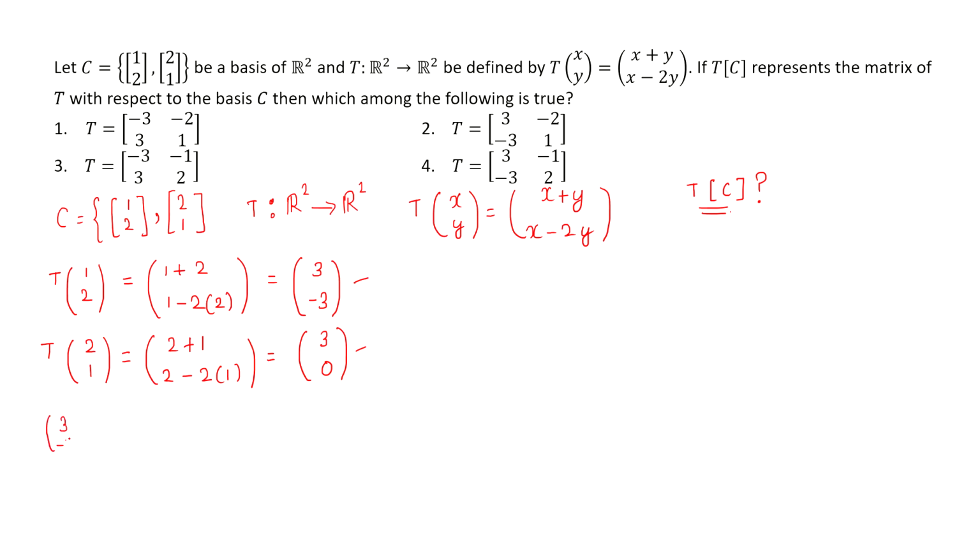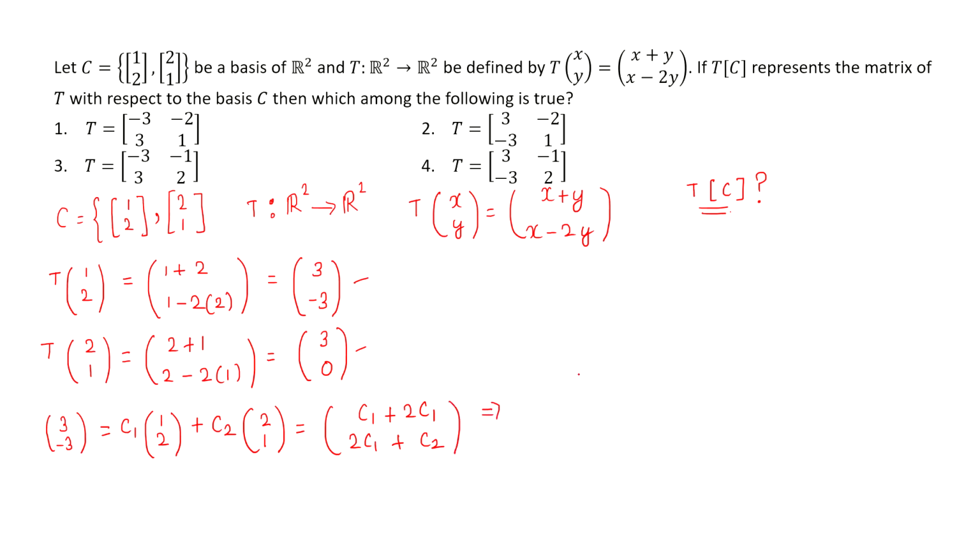If we start with (3,−3), let there be scalars C1 and C2 such that (3,−3) = C1(1,2) + C2(2,1). That is (C1+2C2, 2C1+C2).